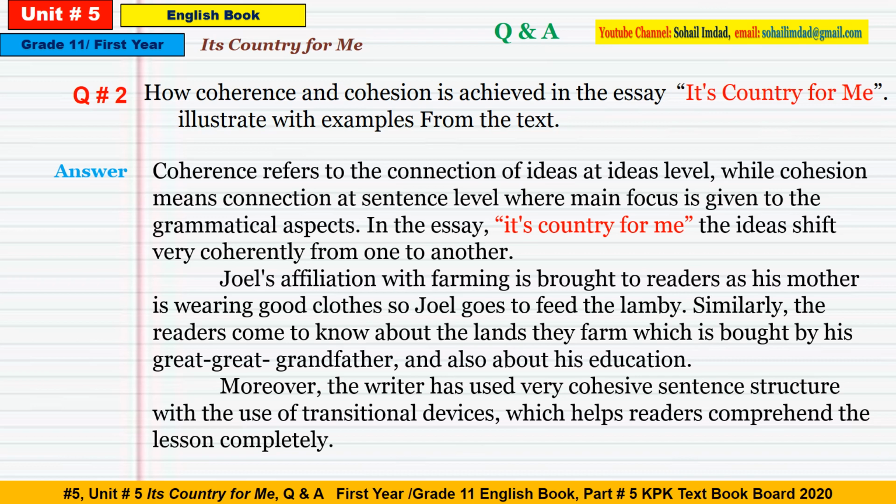Similarly, the readers come to know about the lands they farm, which was bought by his great-great-grandfather, and also about his education. Moreover, the writer has used very cohesive sentence structure, with the use of transitional devices, which helps readers comprehend the lesson completely.